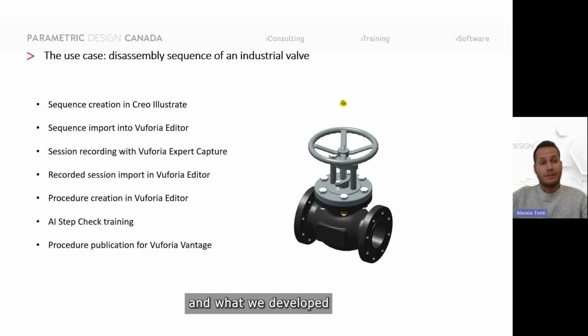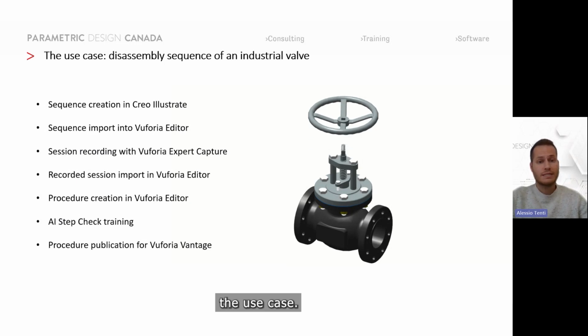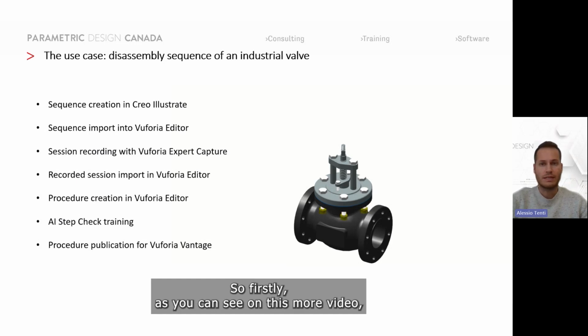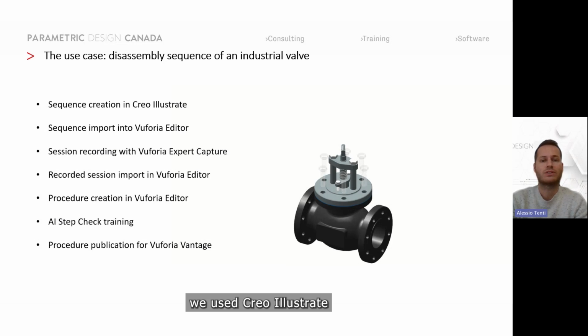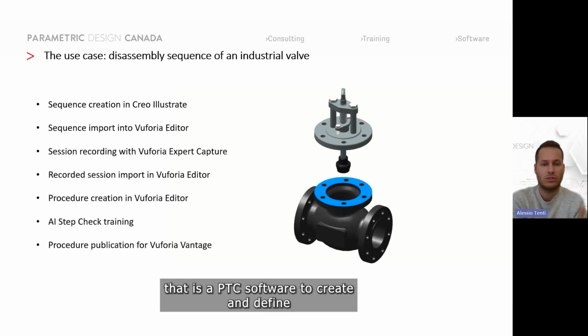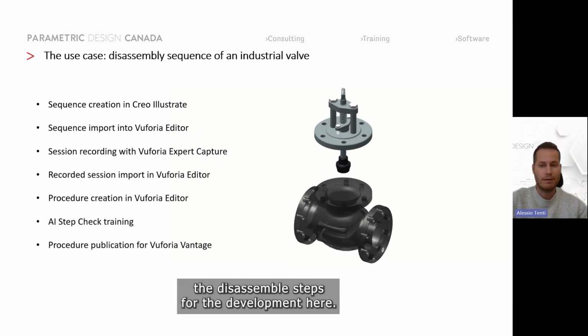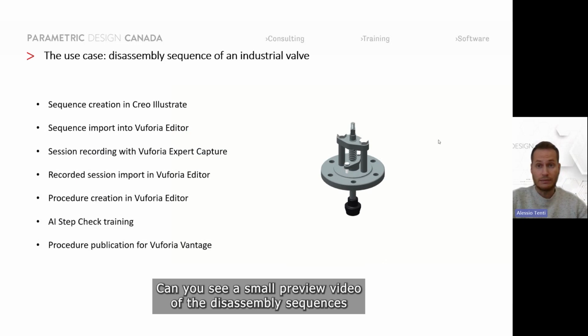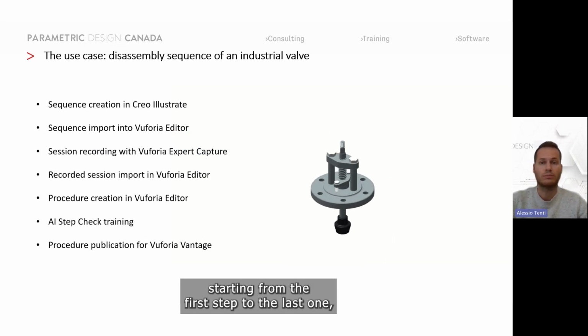And what we developed, the use case, is the disassembly sequence of an industrial valve. Firstly, as you can see in this small video, we used Creo Illustrate, a PTC software, to create and define the disassembly steps for the valve. Here you can see a small preview video of the disassembly sequence, from the first step to the last one.